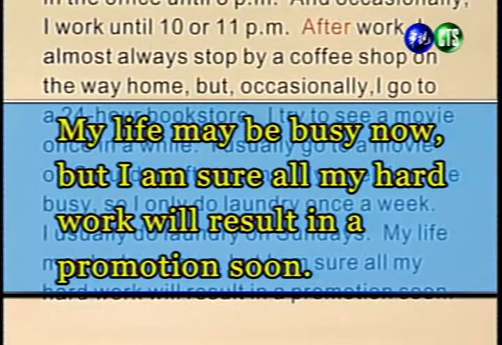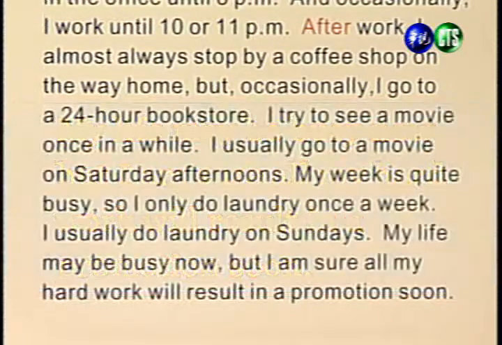You can also see how this conclusion reflects back on the topic sentence.